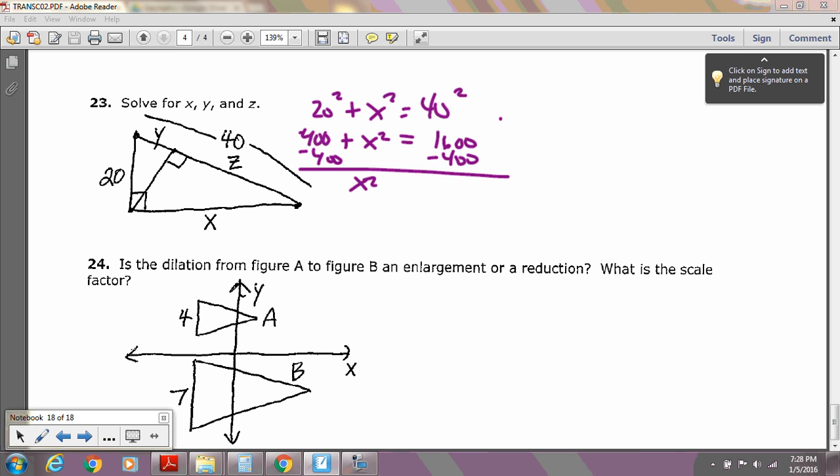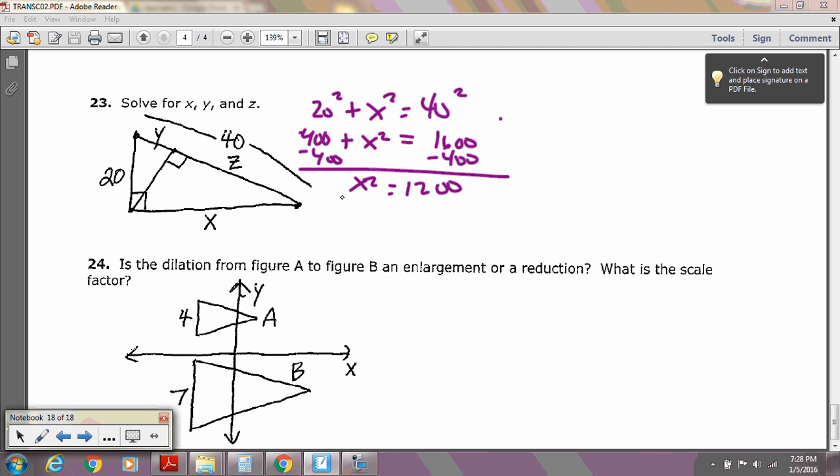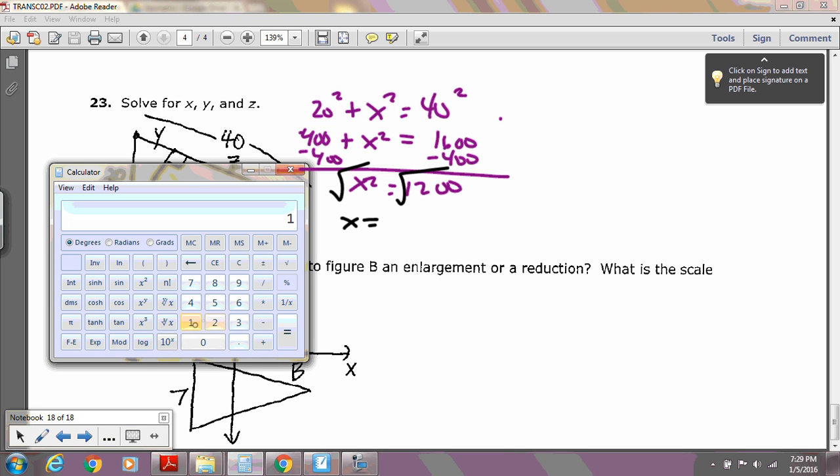And x squared is 1200. So then you take the square roots of both sides and get x is equal to the square root of 1200, which is about 34.6.